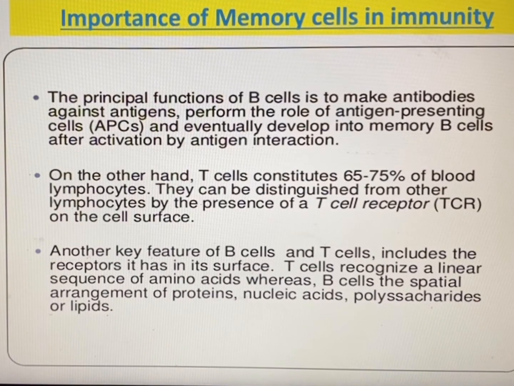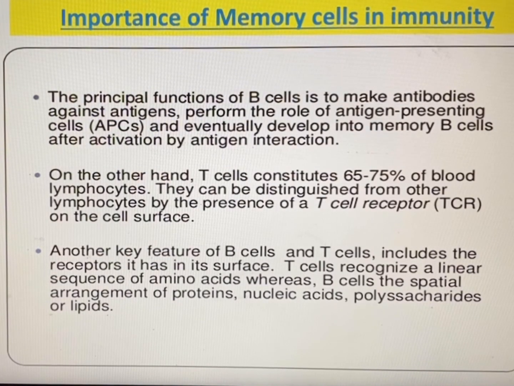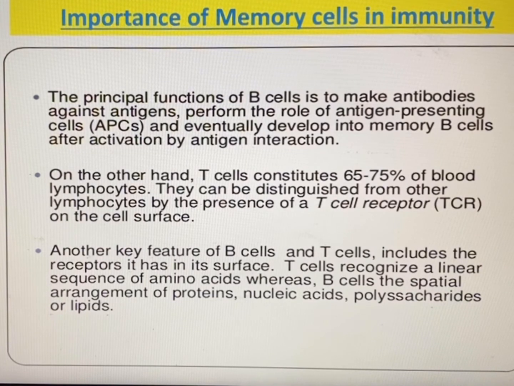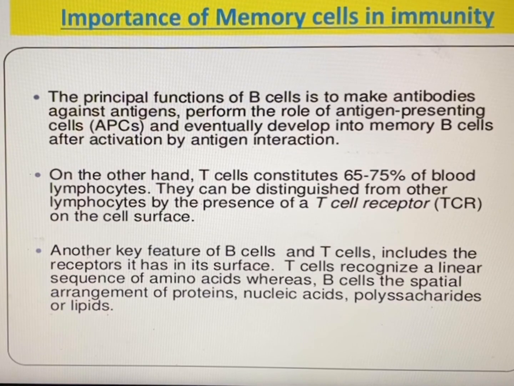They can be distinguished from other lymphocytes by the presence of a T cell receptor on the cell surface. Another key difference between B cells and T cells is the receptors on their surface. T cells recognize a linear sequence of amino acids, whereas B cells recognize the spatial arrangement of proteins, nucleic acids, polysaccharides, or lipids.